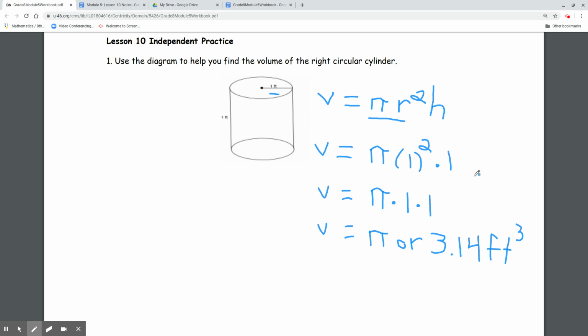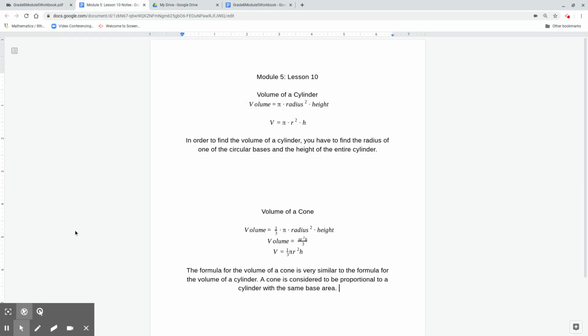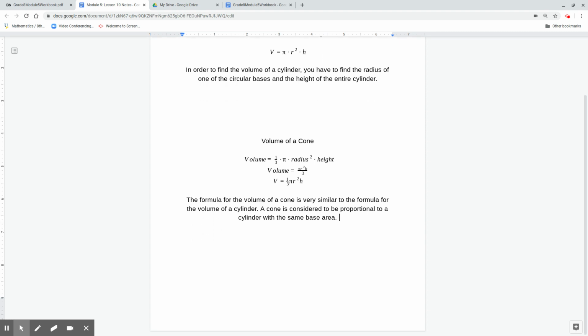All right, so now we're going to kick it back over to the notes page and take a look at how to find the volume of a cone, and then we'll come back to the practice problems. And we're back. So give me just a moment to zoom in.